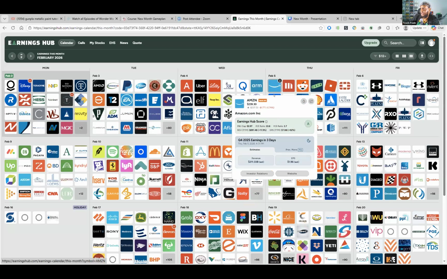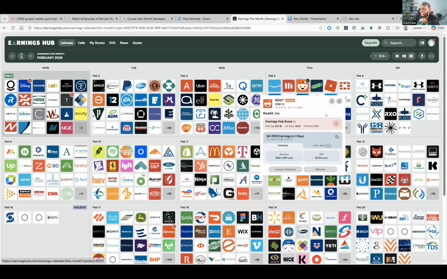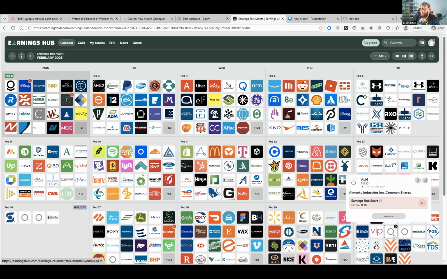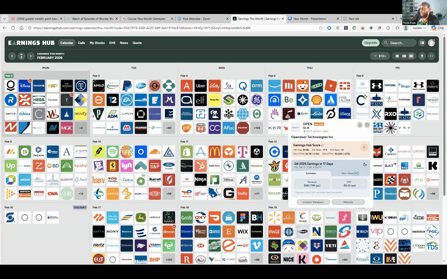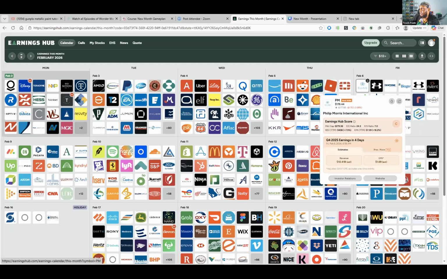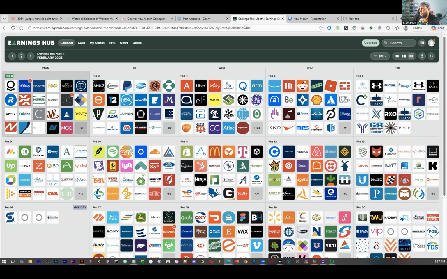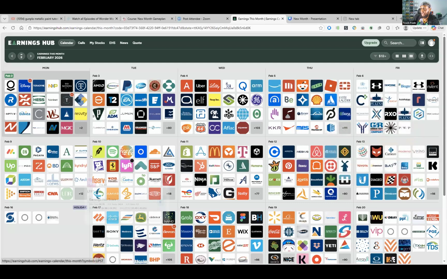We have a lot of stuff coming up. Amazon, Reddit, Affirm, Shell, Under Armour, all of those this week.